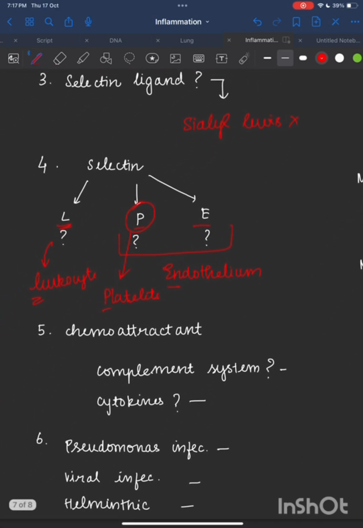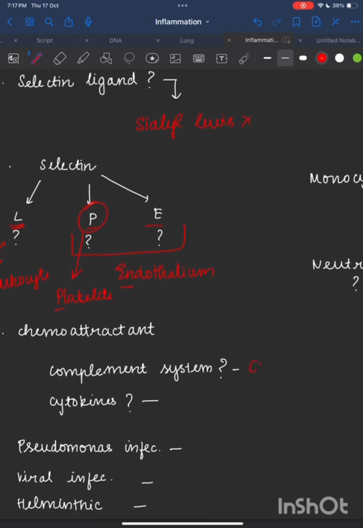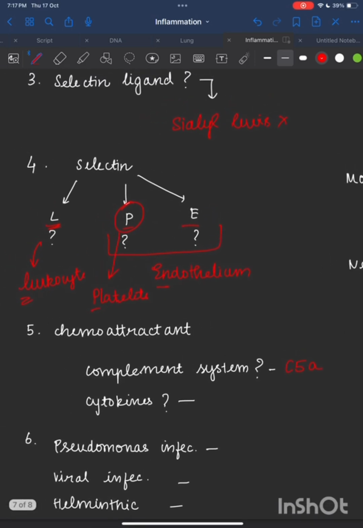Then chemoattractant, complement system. Which complement system factor acts as chemoattractant? C5a. And what is the cytokine? Interleukin 8. Okay. Then for Pseudomonas infection, which leukocyte gets recruited?